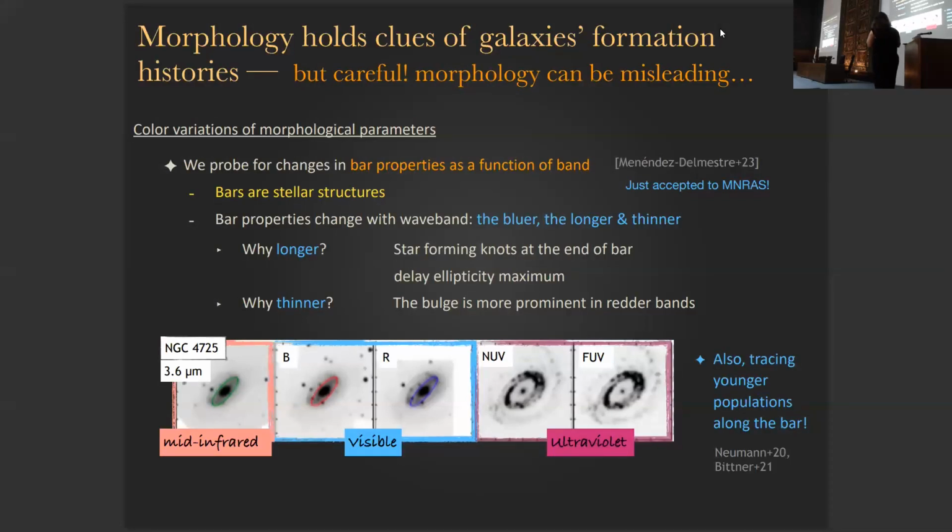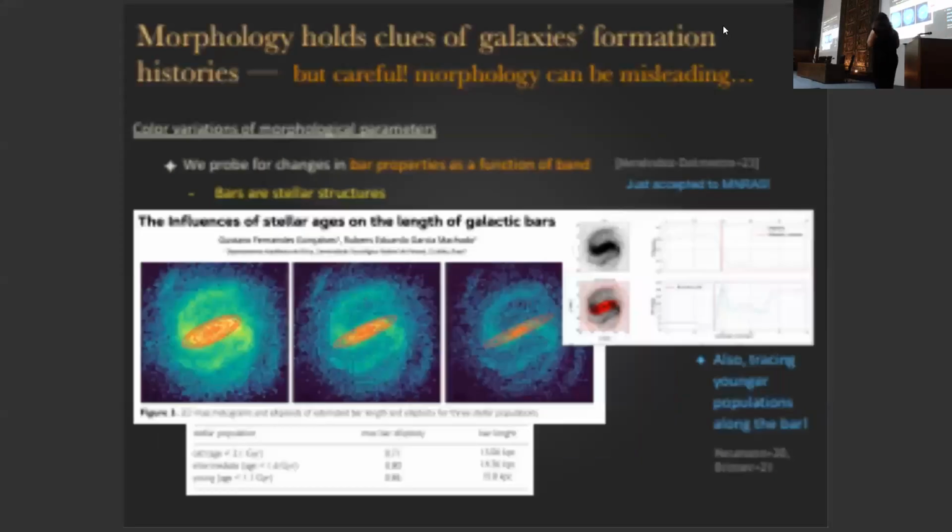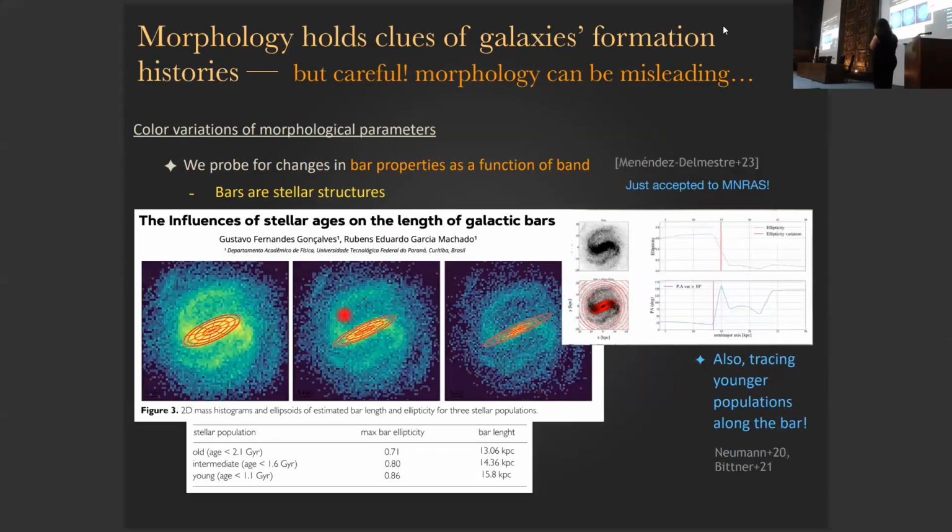However, there has also been quite a lot of work from Zhou and others looking at UV emission in these bars, attributing part of this effect to younger populations. And what we did, we started a collaboration with Rubens Machado. I see that there's a student of his here. This is work from an undergraduate student looking precisely at that, looking at the TNG50 stellar mass maps and looking at the bar when you only focus on older stars or younger stars.